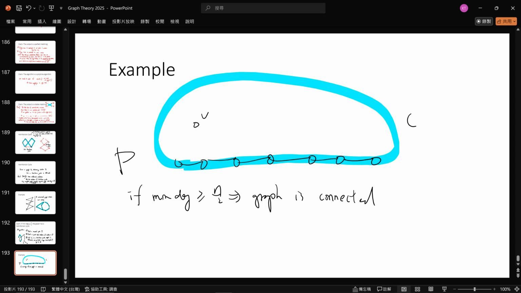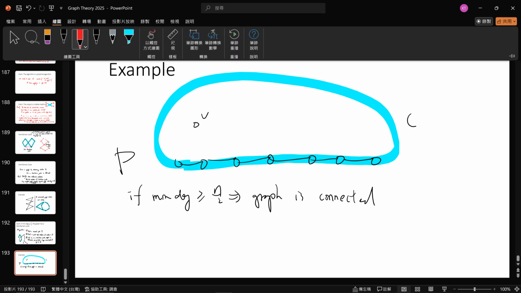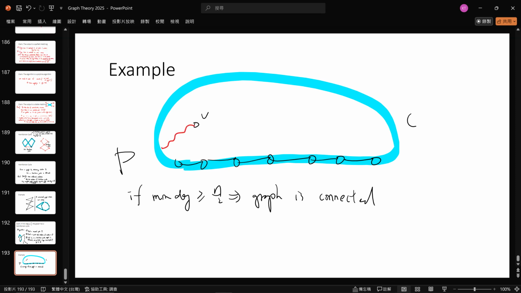So if this is a connected graph, then for this vertex V, there must be a path that connects this vertex V to the cycle. We can then use this red path and the cycle to form a longer path.